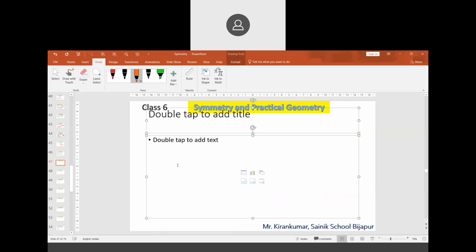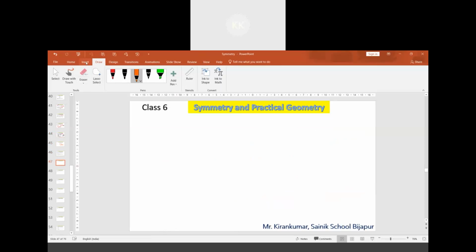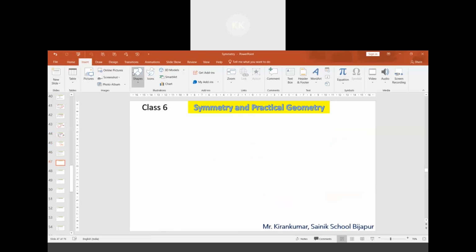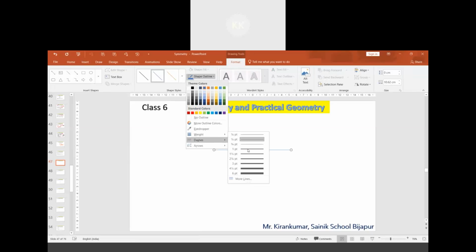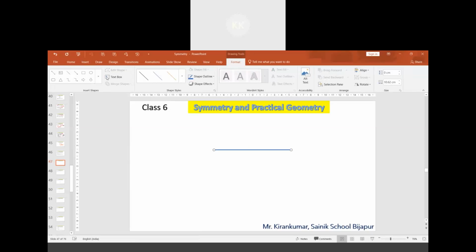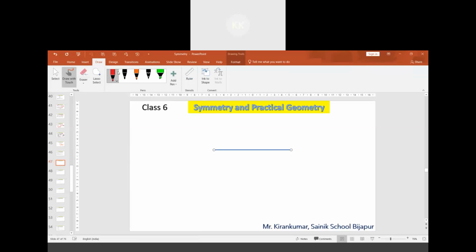If I consider a line segment of length, say, 4.6 centimeter, this is a line segment. Exactly at 2.3, I can bisect it.